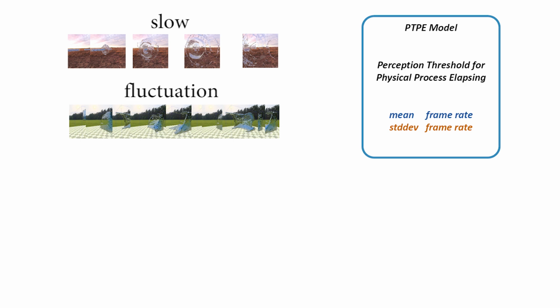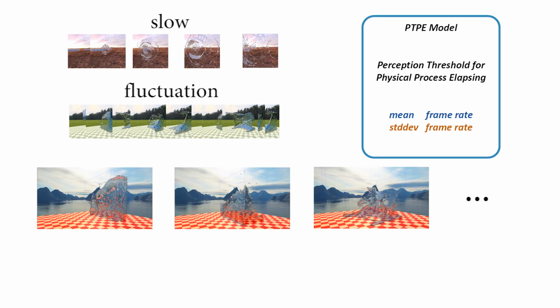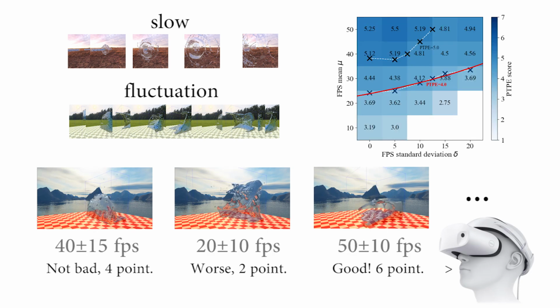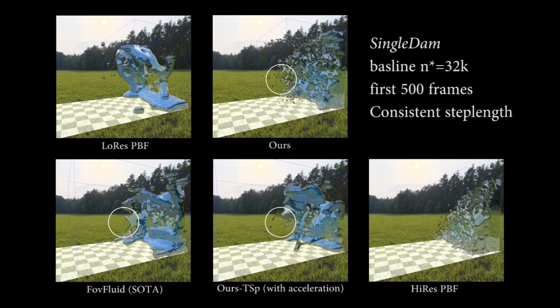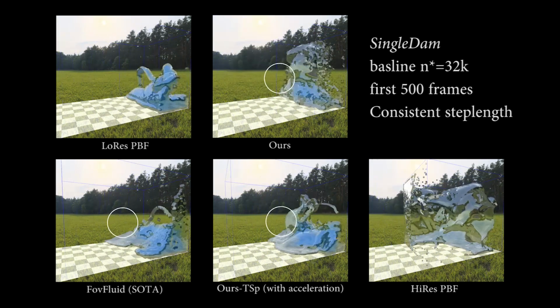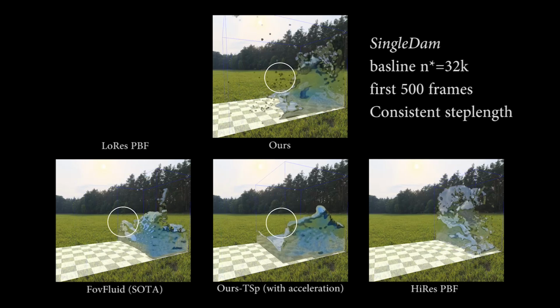To fit the model, we conducted a pilot user study, gathering 16 individuals to rate rendering results under various configurations, ultimately fitting the tolerance threshold when PTP equals 4. When the tolerance is less than 0, we believe it is necessary to activate the acceleration strategy to maintain the PTP score.